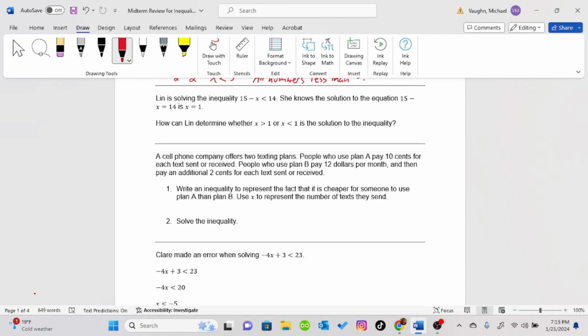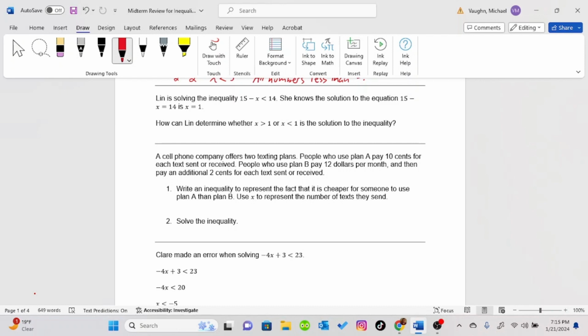So with an equation, you're finding the one number that makes the statement true. But with an inequality, you're going to get all of the numbers on one side or the other of that dividing point. So in this situation, 1 is our dividing point, and we need to know if every number bigger than 1 is the solution, or if every number smaller than 1 is the solution.